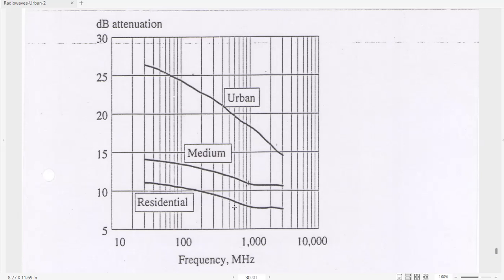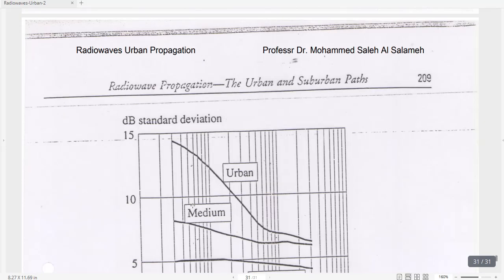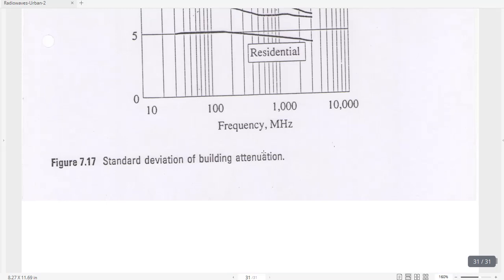In urban areas, because of more dense and higher buildings, the attenuation is higher. In medium cities it is lower, and in residential areas it is lower, of course. And this is the standard deviation, because the buildings are not the same. So this is the standard deviation for urban, for medium, for residential.